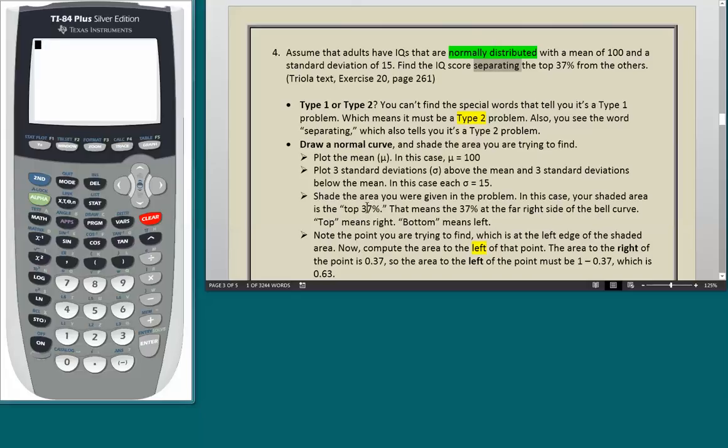So the top 37 means we're going to be shading to the right. Note the point you are trying to find, which is at the left edge of the shaded area. Now compute the area to the left of that point. The area to the right of that point is 0.37, so the area to the left must be 1 minus 0.37, which is 0.63.